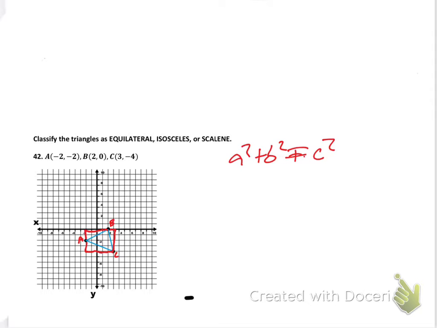So in 42, none of these sides are the same, these are all different numbers, so it would be scalene.